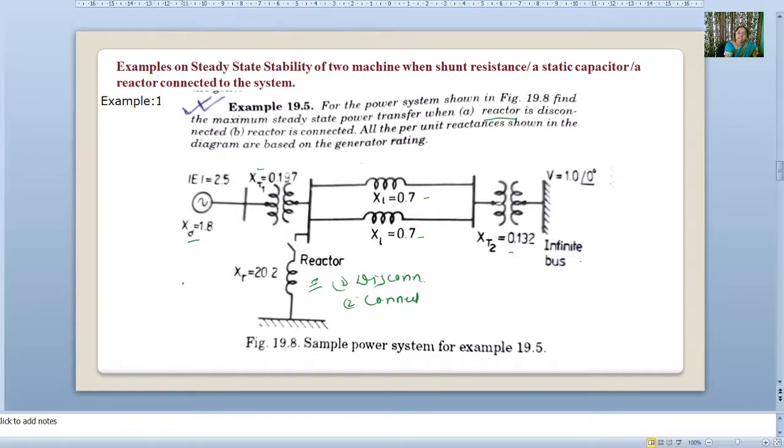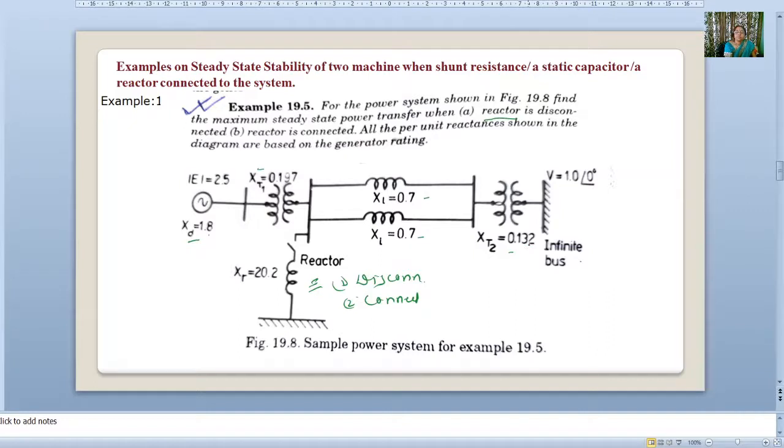When the reactor is disconnected, the system is simple. Only this much of the system we'll consider, where the transfer reactance is 1.8 plus 0.197 plus XL by 2, meaning 0.7 divided by 2, plus 0.132.